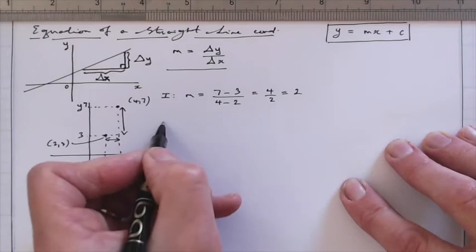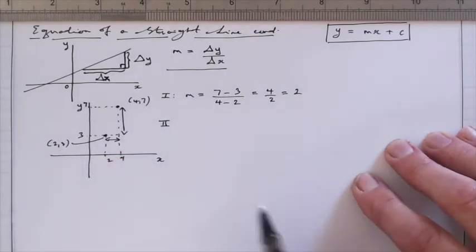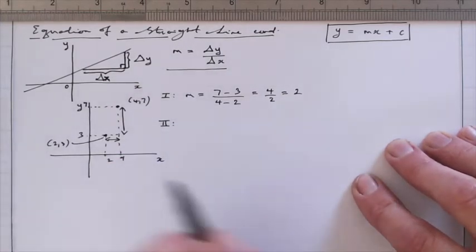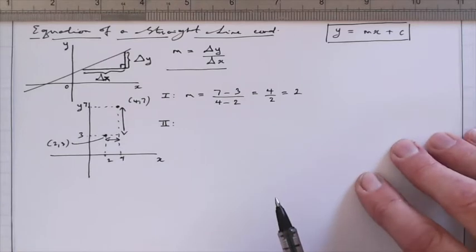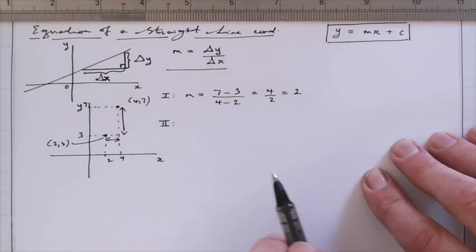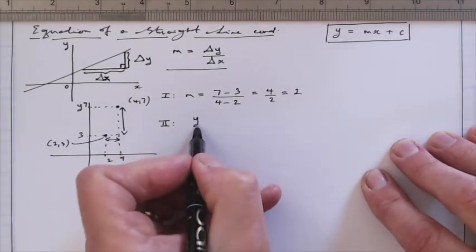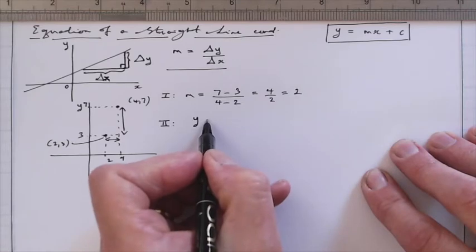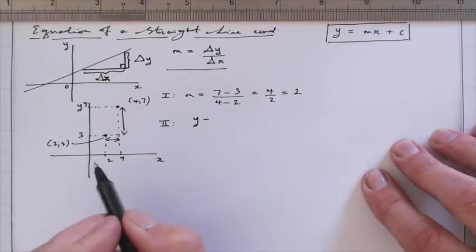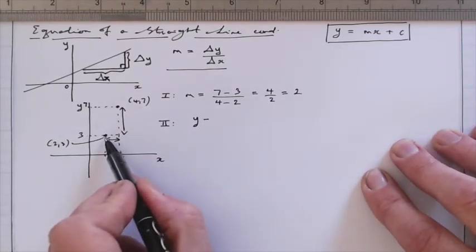And then in step 2, we need to choose one of the points. I always choose the leftmost point. So for step 2, we're going to prepare the equation of a straight line. We're writing the variable y, taking away from that the y coordinate of this point.